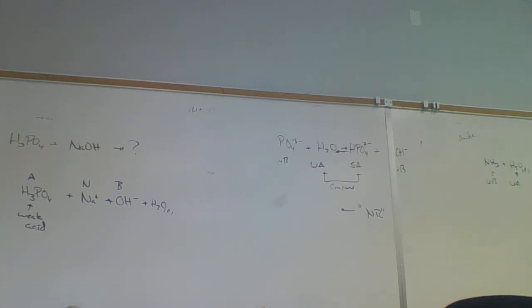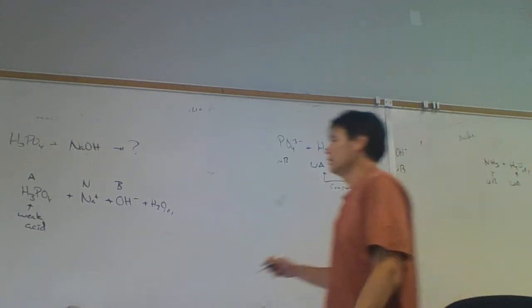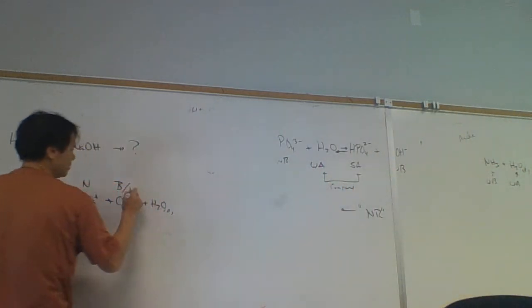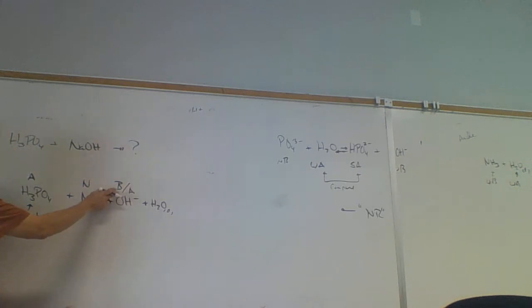What's it doing over here? It's also a terribly weak acid. But it could go either way, so I'm just going to write base, acid. Base is, of course, preferred.